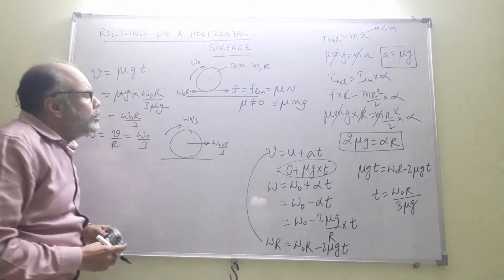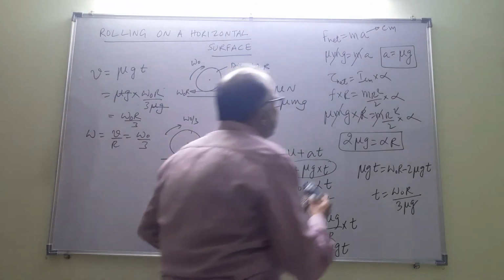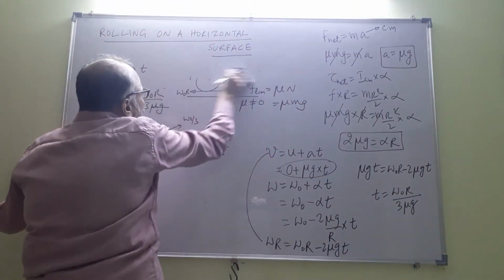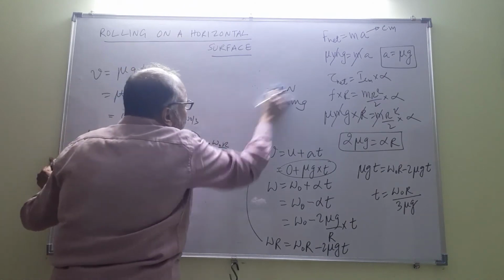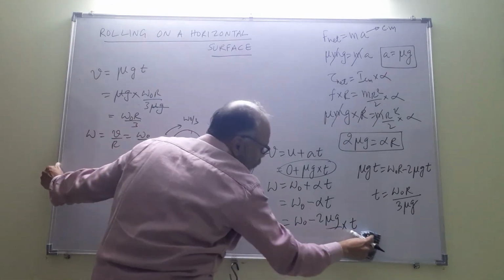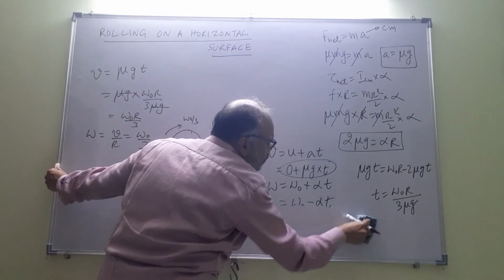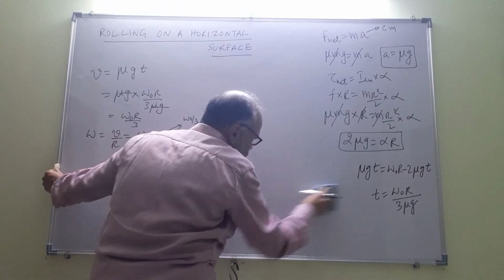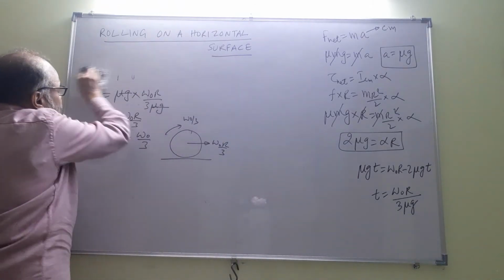Now let us take another example wherein we don't rotate the disk but we give it a translational velocity.